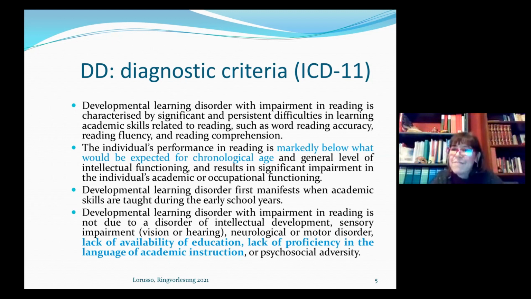It is not very well specified, but usually we say in order to be not attributable to normal variation and to the presence of errors and noise in assessment, the cutoff is 2 standard deviations below the mean, or 1.5 standard deviations below the mean. And it has to have an impact on the individual's academic or occupational functioning.